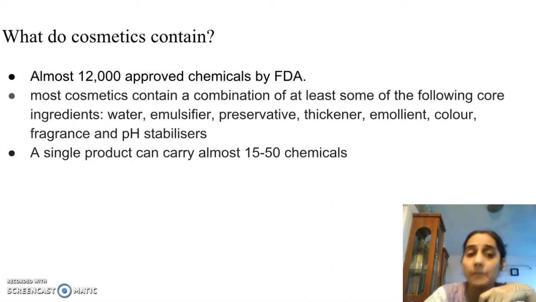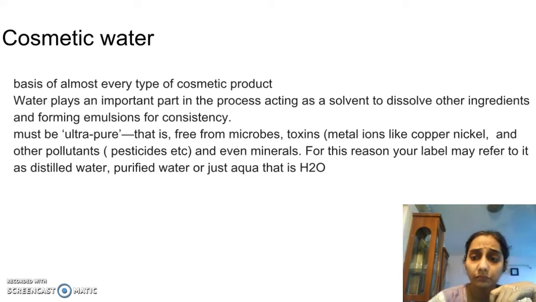They are water, emulsifier, preservative, thickener, emollient, color, fragrance, and pH stabilizers. A single product can contain from 15 to 50 chemicals. It can be any number.